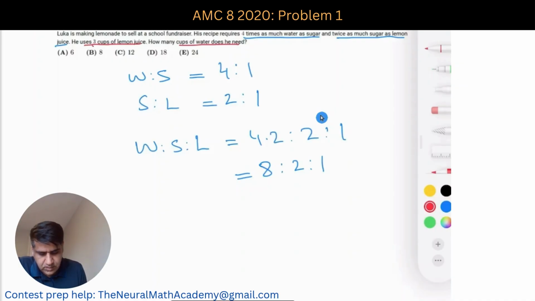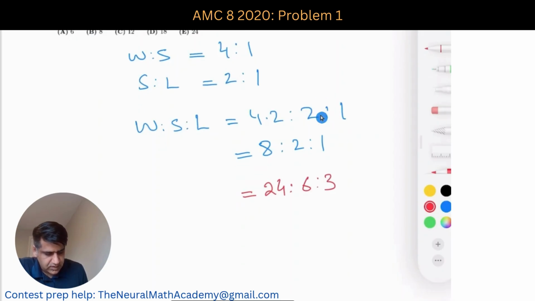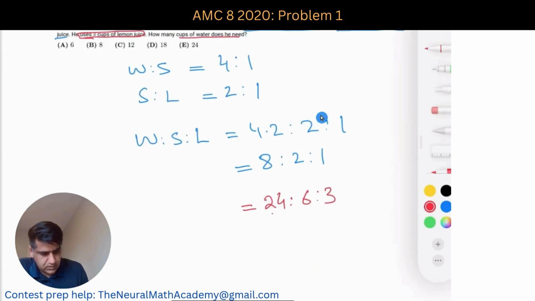Since he is using 3 cups of lemon juice, we can simply multiply all of these numbers by 3, and we will get 24, 6 and 3. So the answer that we have is 24, and that is E.